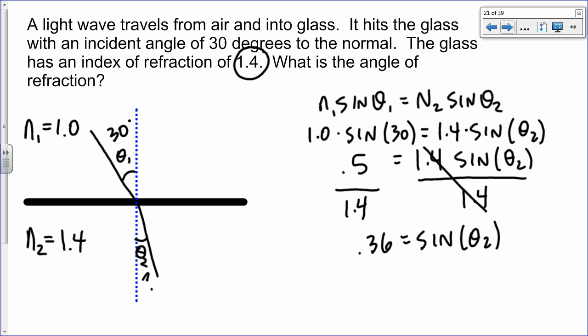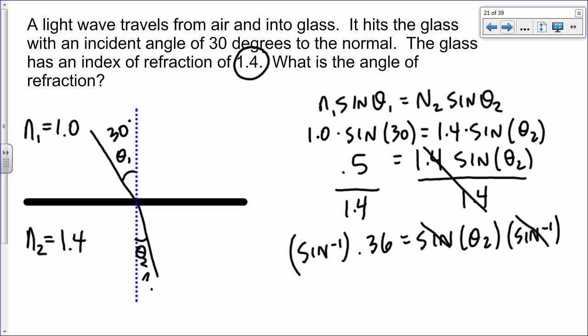A lot of people want to stop right there. We're not done. We have to get that angle by itself. How do we get rid of sine? We're going to take the inverse sine of both sides. That's like dividing by sine, kind of, right? So if I multiply by the inverse sine on both sides, this goes away.